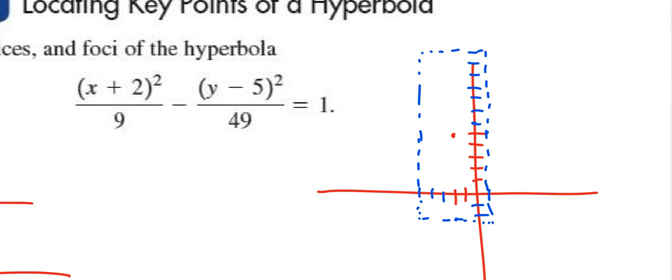Does that kind of make sense how we went? Left 3, right 3, up 7, down 7.